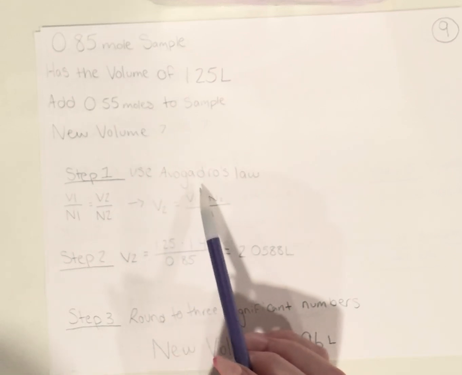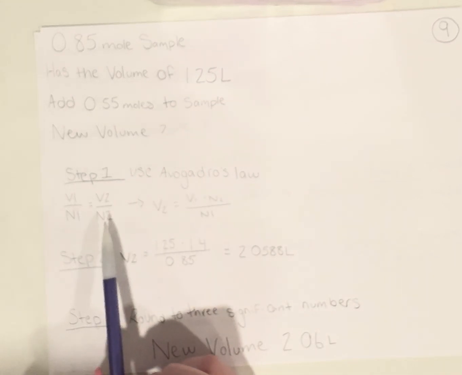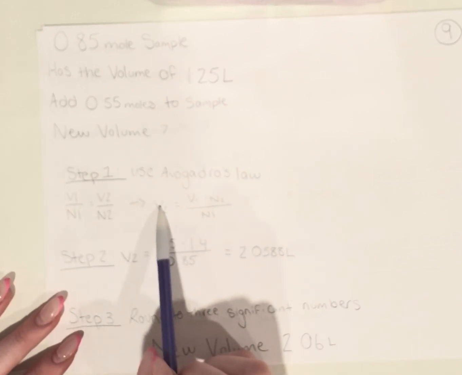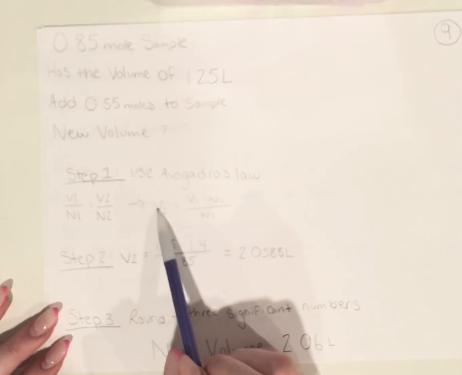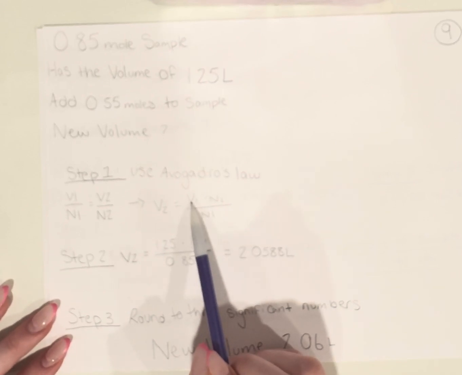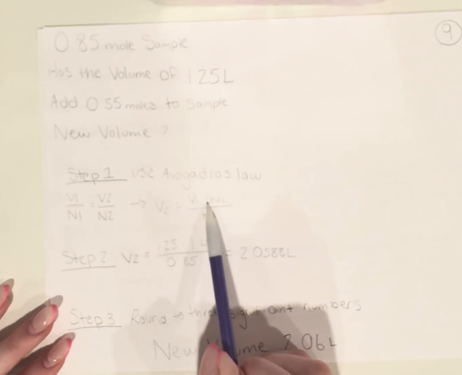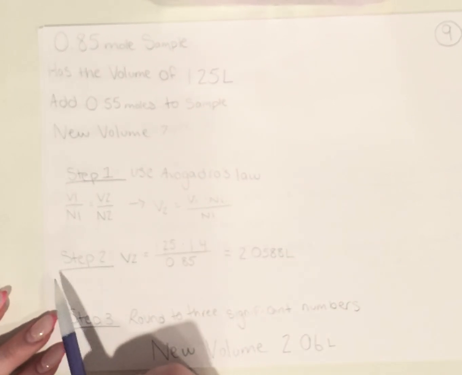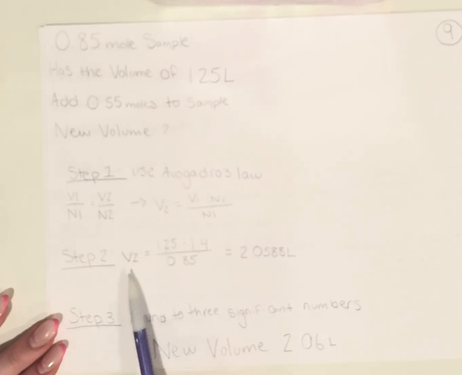We're going to use Avogadro's law, and this gave us this equation right here. I'm once again going to transition it into something a little bit simpler. So V2 equals volume one times moles two divided by moles one. So step 2, we're going to do exactly that.